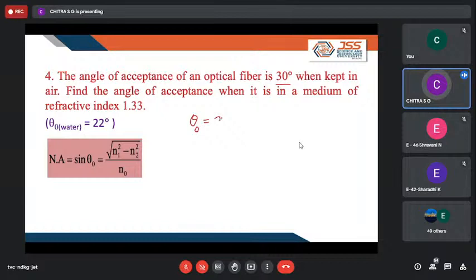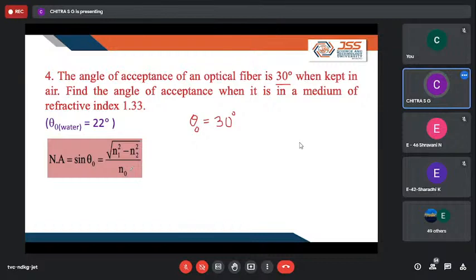Find the angle of acceptance when it is in a medium of refractive index 1.33. So how will you find this? Theta naught is given. When it is in air, n naught will be equal to 1.